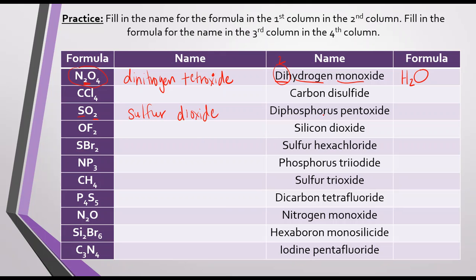Very good. Let's look over here. Sulfur hexachloride. So what does that mean? No prefix on here means just S, no number, it's mono. And then hexa means 6, so this would be Cl with the 6.